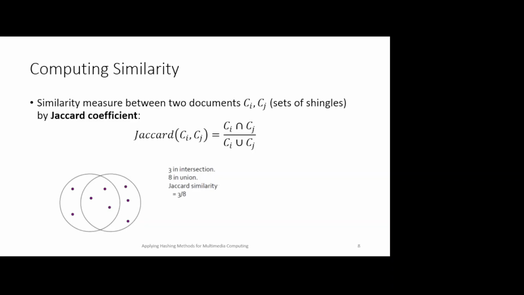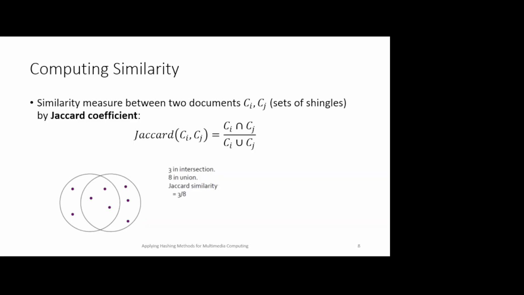The idea is that we measure their intersection divided by their union. In this case, how many shingles do they have in common? 3, right? They have 3 shingles in common, so their intersection is 3. And how about their union? The union is the total number of unique shingles.